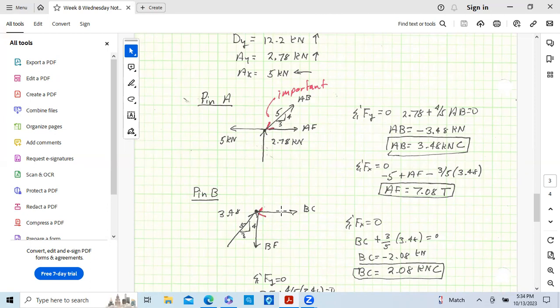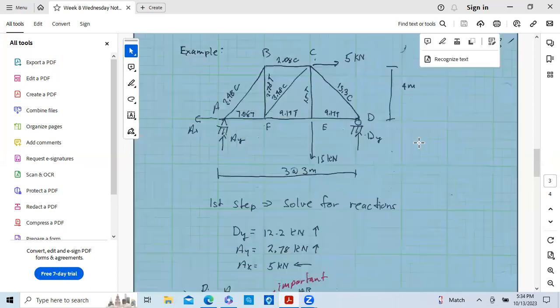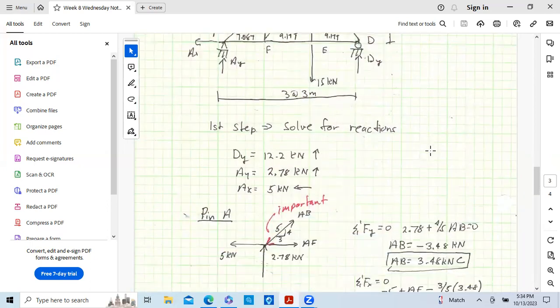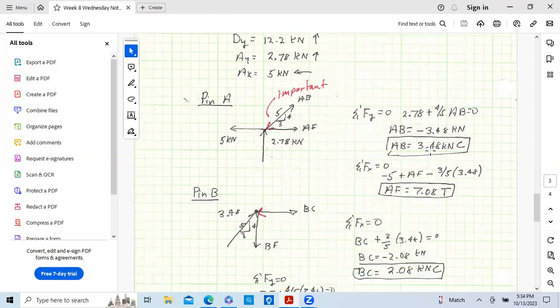And then I draw BC as tension and BF tension. So here's pin B. I know this value.